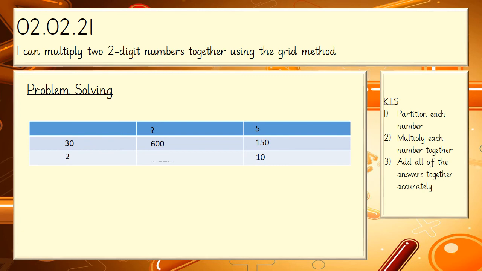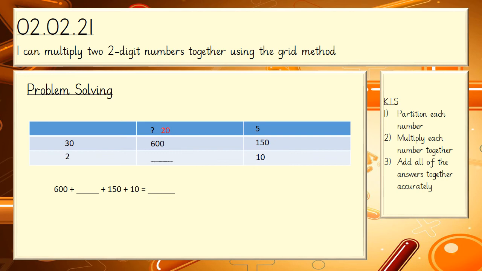However, I've got 1 zero on the end of 30, but I've got 2 zeros on the end of 600. So that means that the 2 also needs to have a 0, because I need 2 zeros in total. And so that would mean that that first missing number is 20. So now that I've found that missing number on the top of the grid, I can now use that to help me to solve the missing number inside the grid.